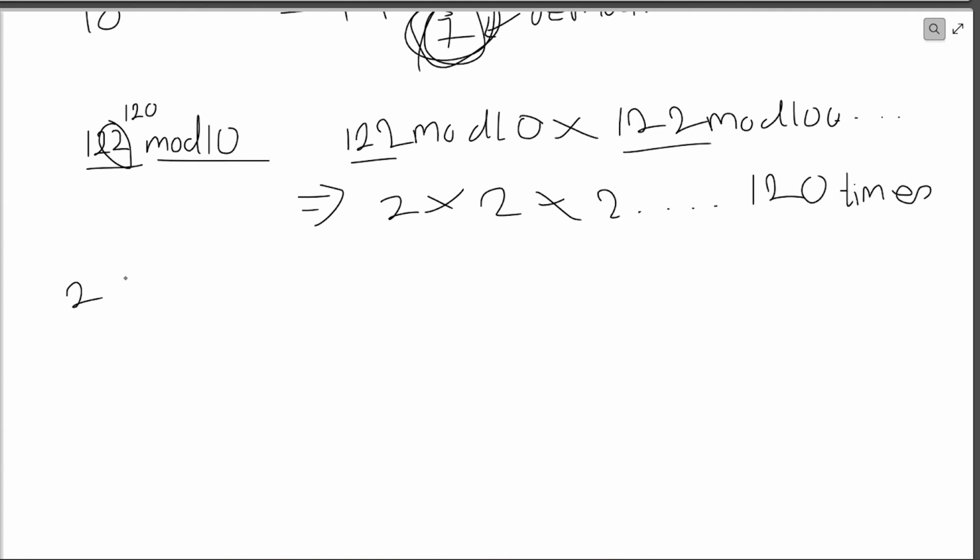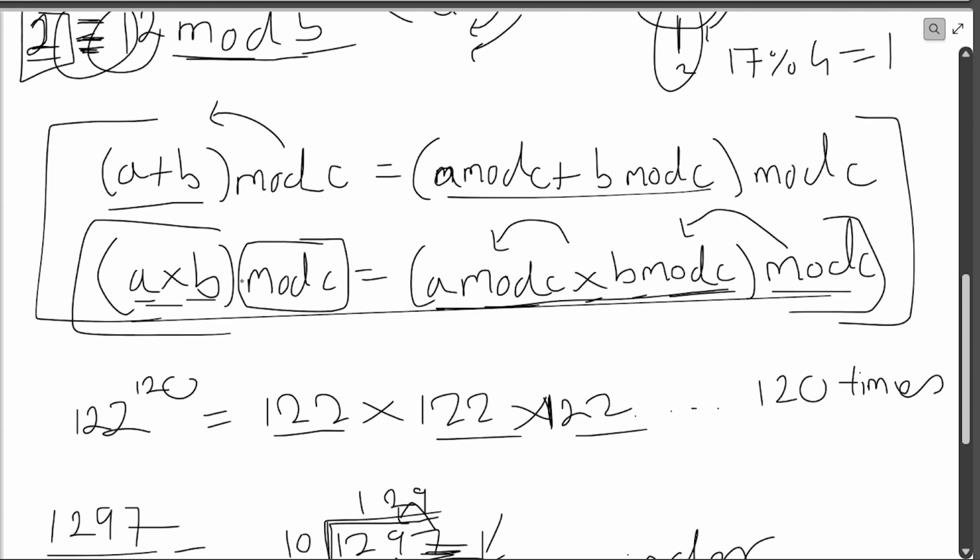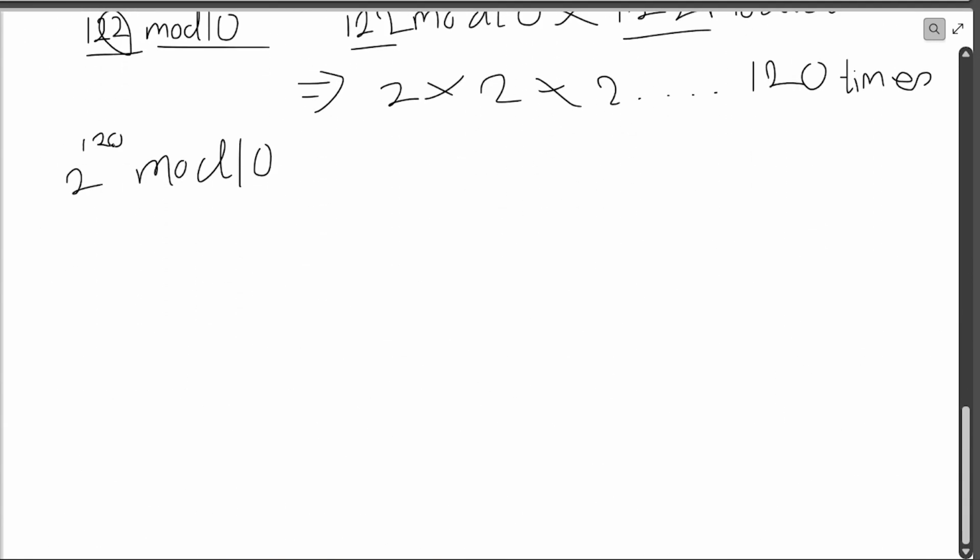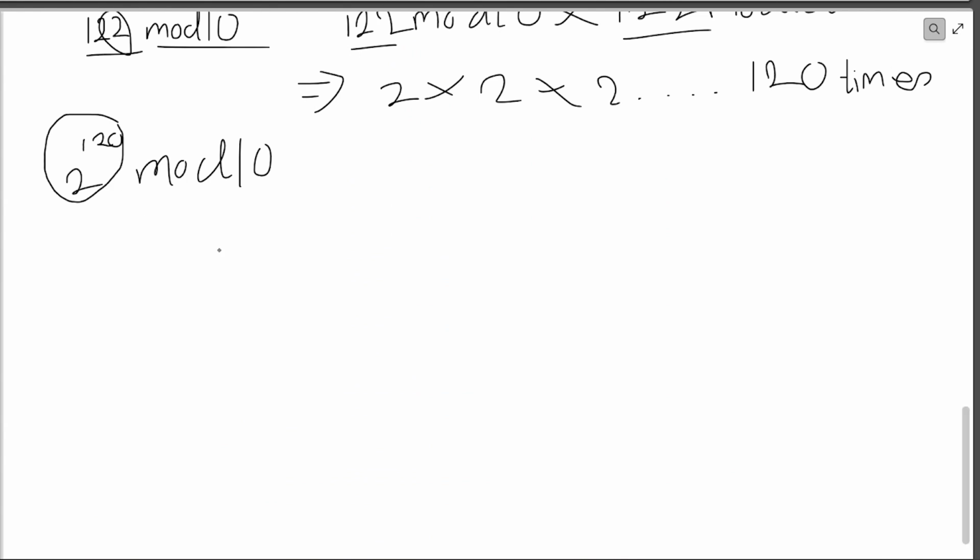So that means we can also write this as 2 raised to 120 mod 10. Just by knowing this one property, we have already simplified this a lot. But let's use some more properties.